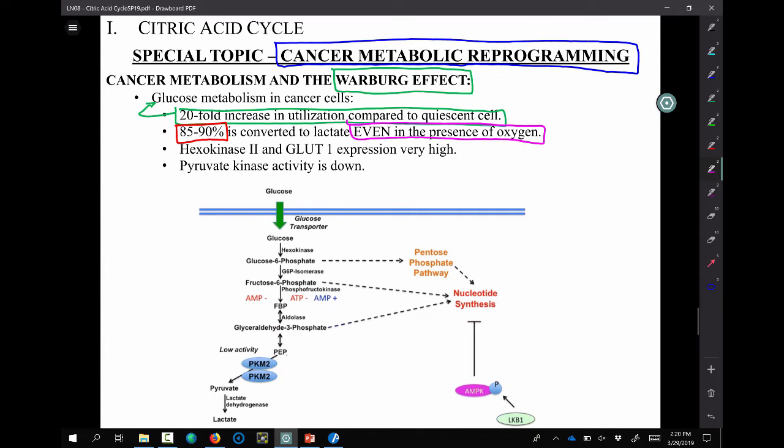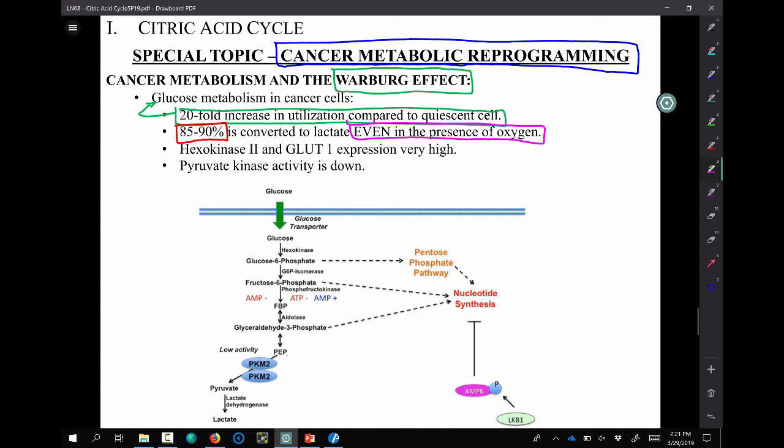Now, what's also interesting about this is that embryonic tissues, healthy tissues in an embryo, do essentially the same thing. In fact, there are lots of similarities between embryonic tissues and cancer tissue. There are some notable differences, but there are definitely a lot of similarities.